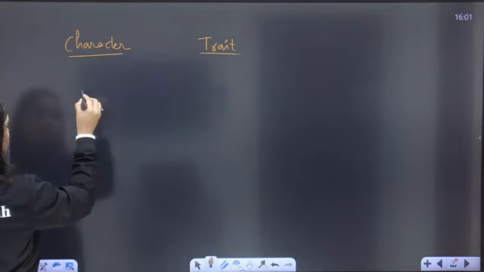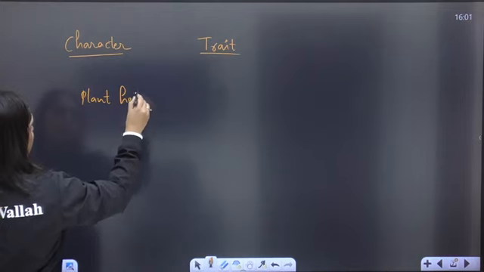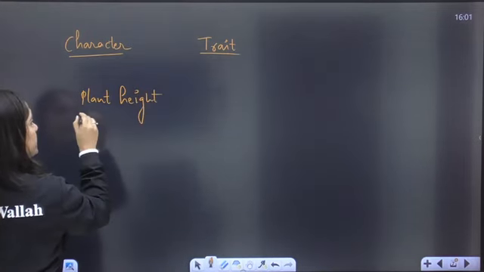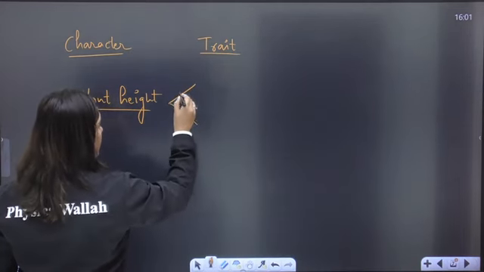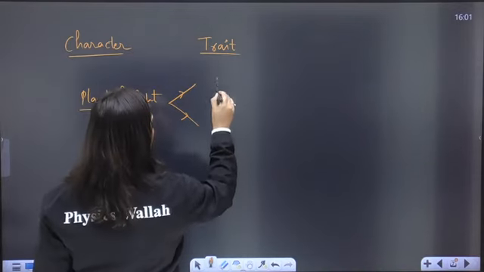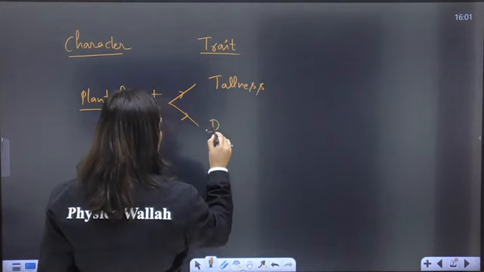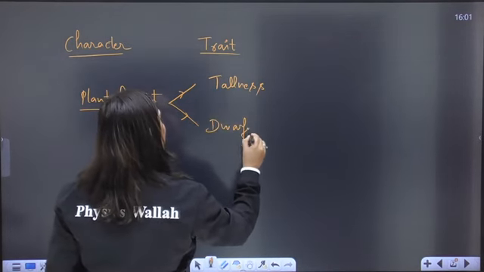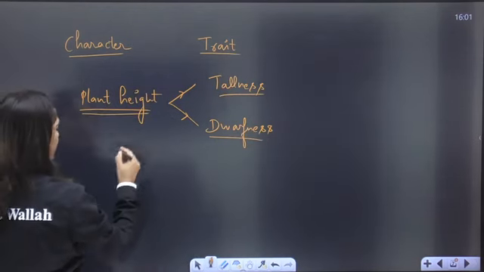Suppose, for example, I am taking the example of plant height. Plant height is a character, and the two forms in which it can exist represent the trait. That means tallness, being tall, and dwarfness, that is being dwarf, are the traits, and this is the character.